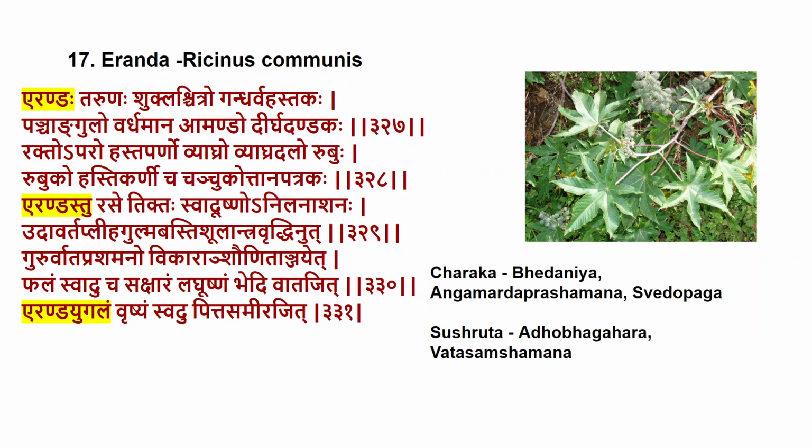A red variety of Eranda also is mentioned in Samhita, but practically we depend upon only the Ricinus communis as Eranda. Raktoha Aparaha, Hastaparnaha, Vyagraha, Vyagradalo Rubuhu, Rubukaha, Hastikarnija, Chinchuko Uttana Patrakaha. Now, which is a red variety, that kind of an issue, more study is not the focus of our discussion now. So I leave it as such.